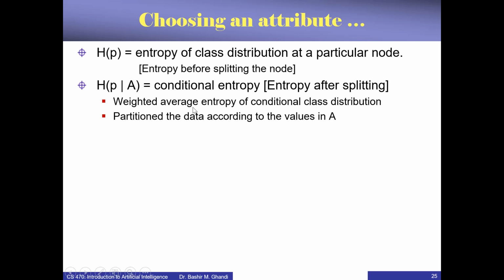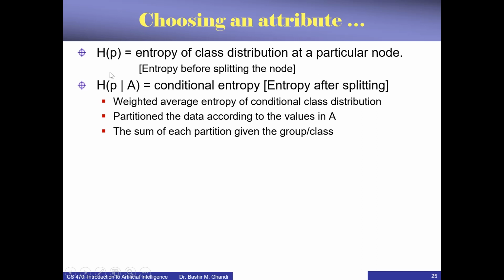So you're going to partition it based on the values and compute the individual entropies of each subgroup, and then take a weighted average. We will see this in an example in a moment. And then you sum up these averages to get this entropy after splitting.